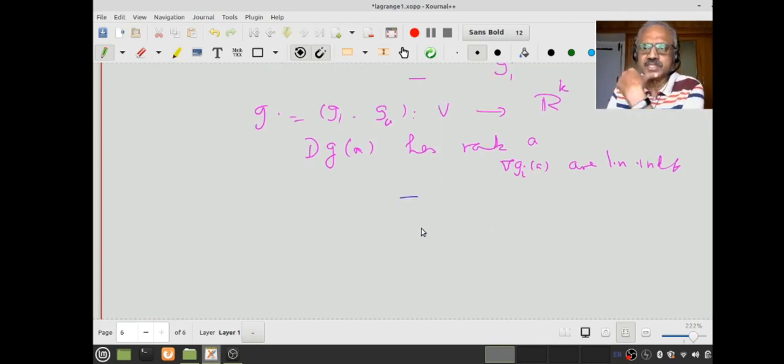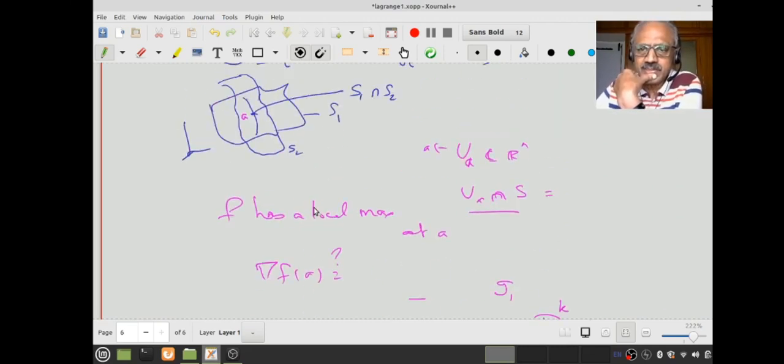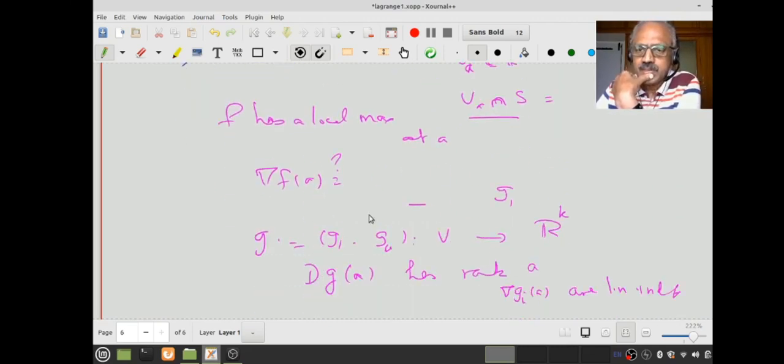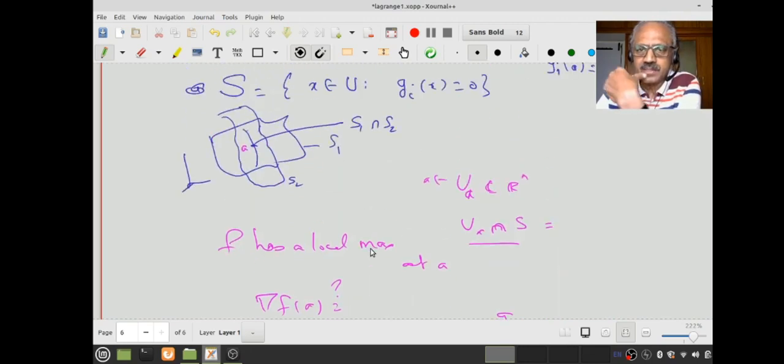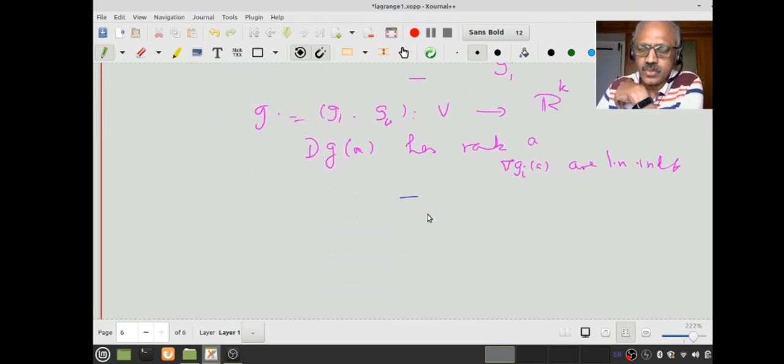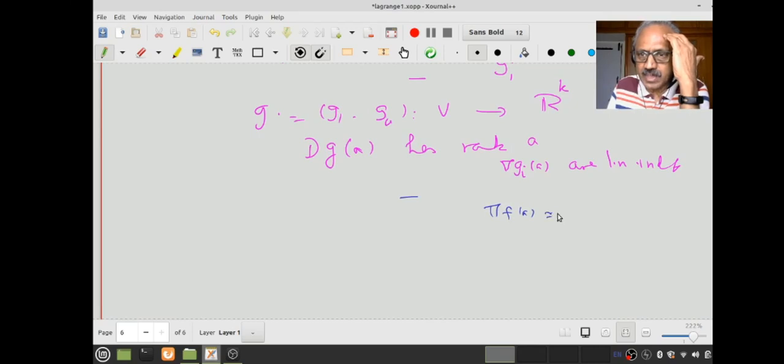So what should be the condition then? Make a wild guess. Intuitively I know that nabla f at a must be some lambda_i times nabla g_i at a, but it is not only on one constraint. It is a combined constraint. So what do you think? Make a guess. Intuitively that is not very correct, because this is only with respect to S_i.